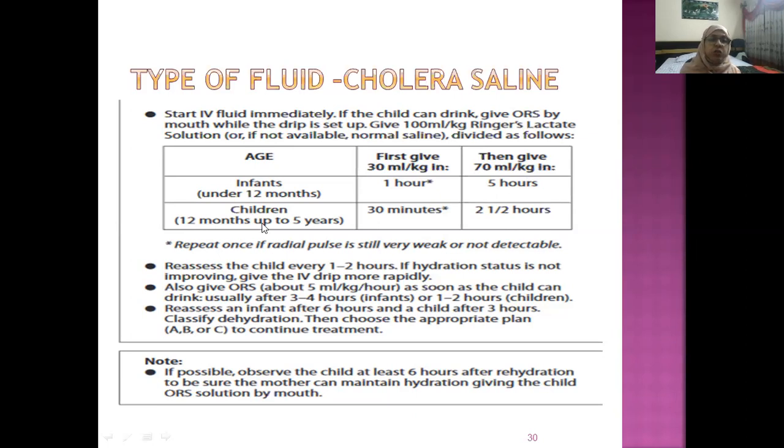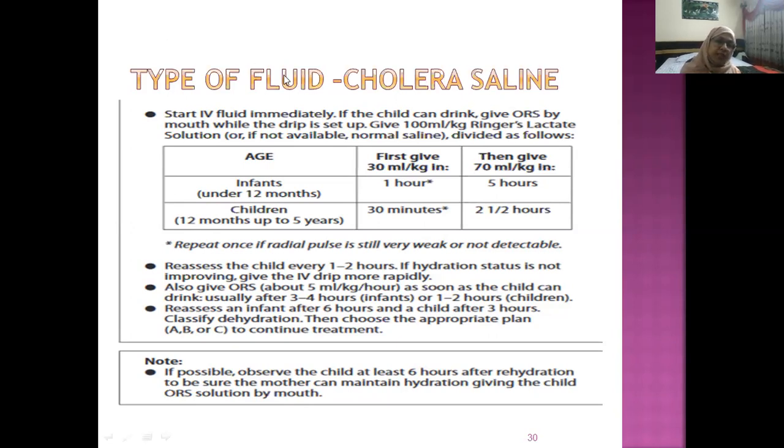If the child is 12 months up to 5 years, you have to replace the fluid within 3 hours. So here is 6 hours, here is 3 hours. For less than 12 months, the duration of replacement is double that of the child from 12 months up to 5 years. The amount of fluid is 100 ml per kg. The type of fluid is cholera saline or Ringer's lactate solution. Or if nothing is available, then you have to start with normal saline.